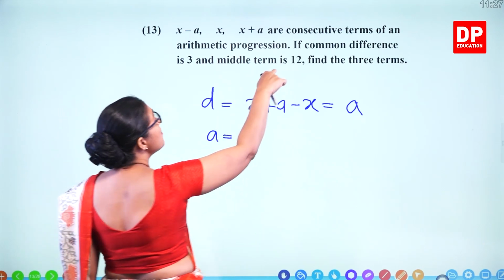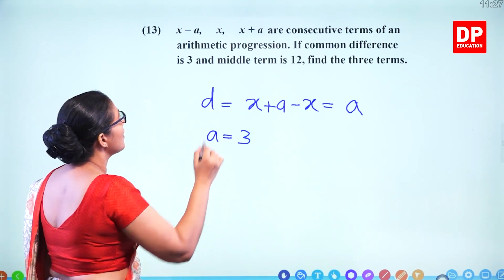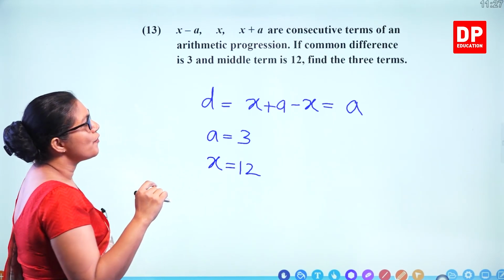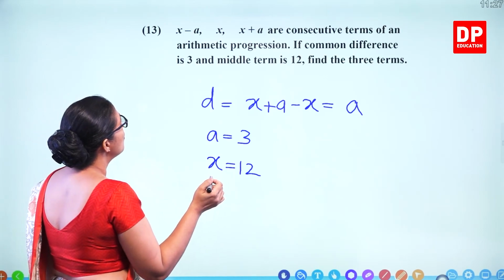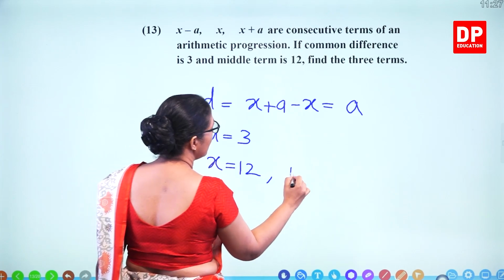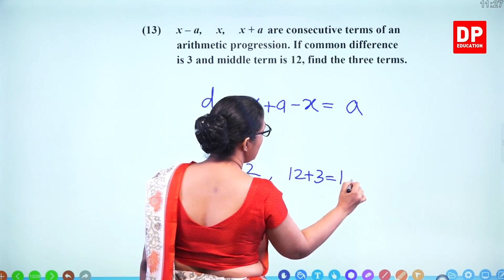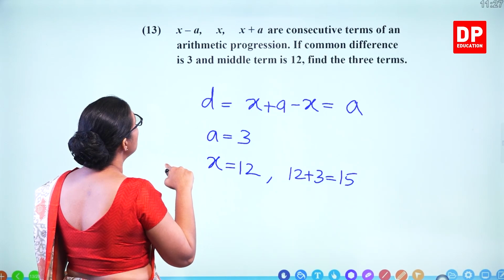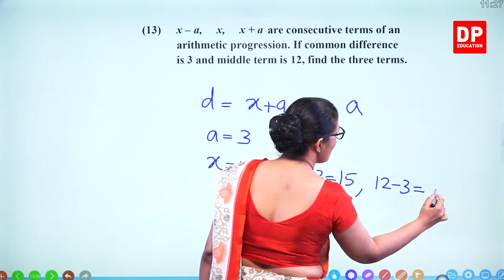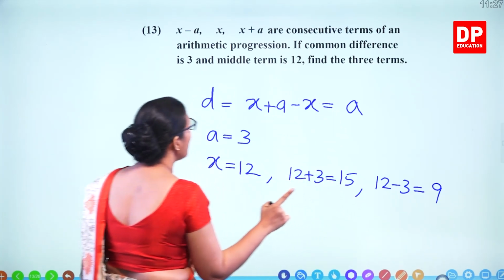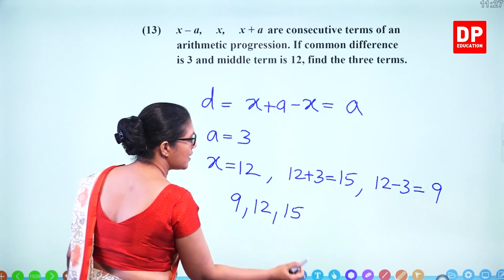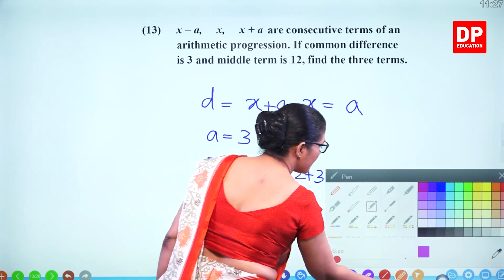The middle term x is given as 12. You are asked to find the 3 terms. So 12 plus 3, that's 15, and 12 minus 3, you get 9. So the 3 terms are 9, 12 and 15. So 2 marks for that.